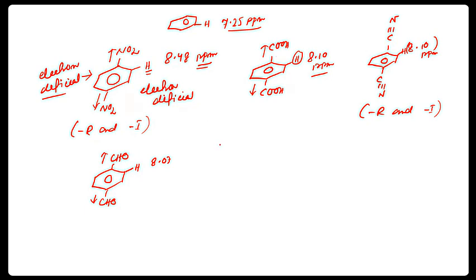If we want to compare the electron withdrawing power or ability, nitro is the most electron withdrawing, then we will have acid, and equal to it CN, and then aldehyde, CHO. These things we can conclude from these discussions.